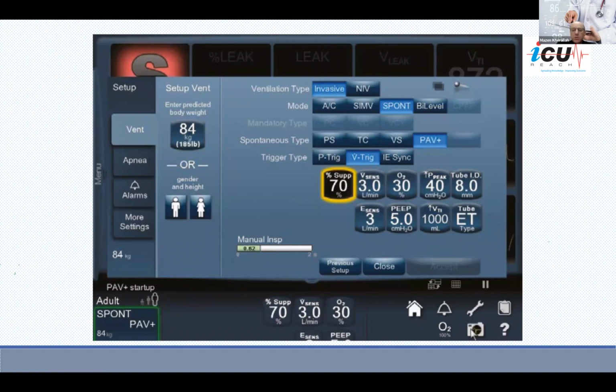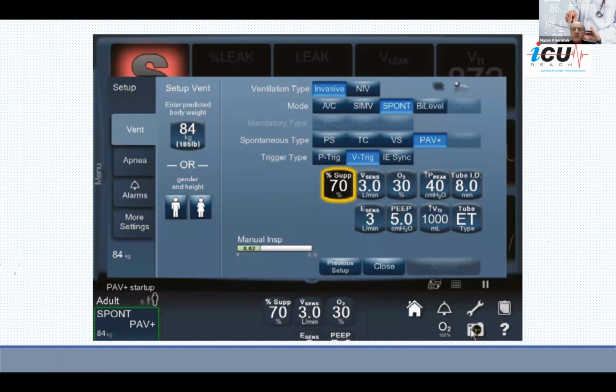If you take a look at the other settings here, you can see this is the flow sensitivity. This is the trigger. The patient needs to initiate 3 liters per minute in order for the machine to be triggered. FiO2 level, this is the peak level. This is an alarm in the system. Cannot go in the pressure higher than the peak level. Now here, this is the cycling sensitivity.